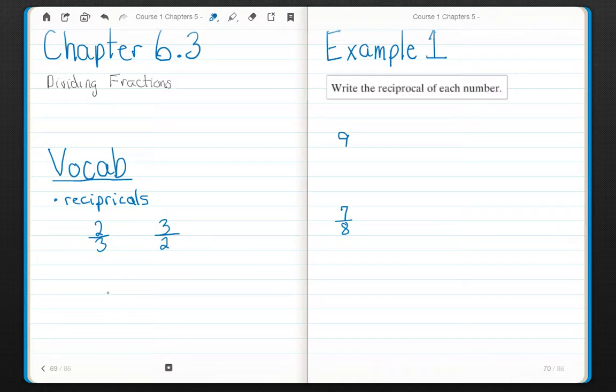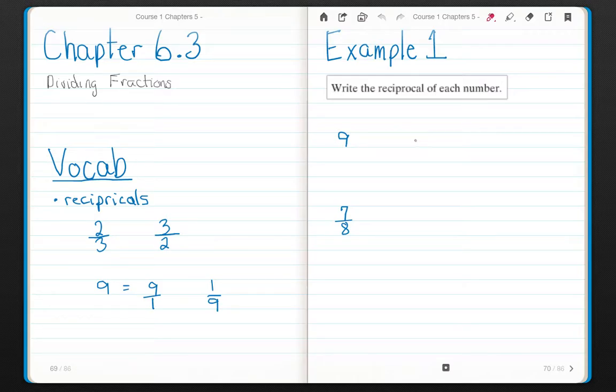Okay, if I'm using a whole number, 9, the whole number turned into a fraction is 9/1. So the reciprocal of 9/1 is 1/9. So that just took care of example 1 here, working with reciprocals.